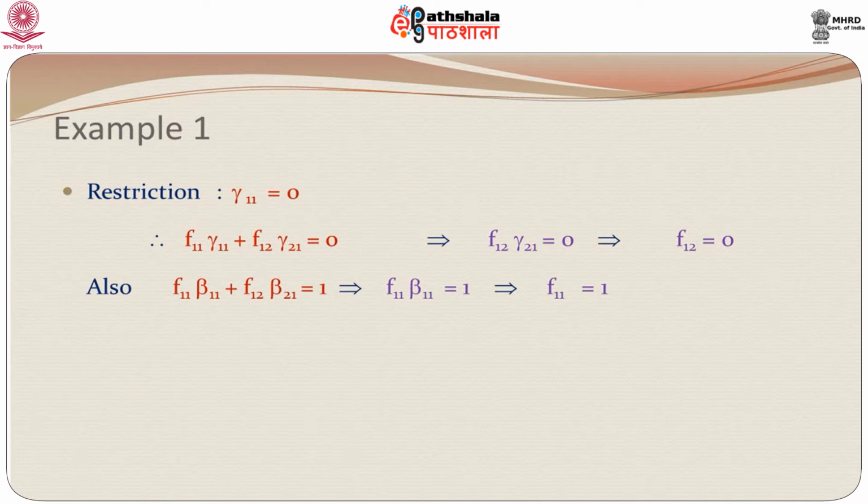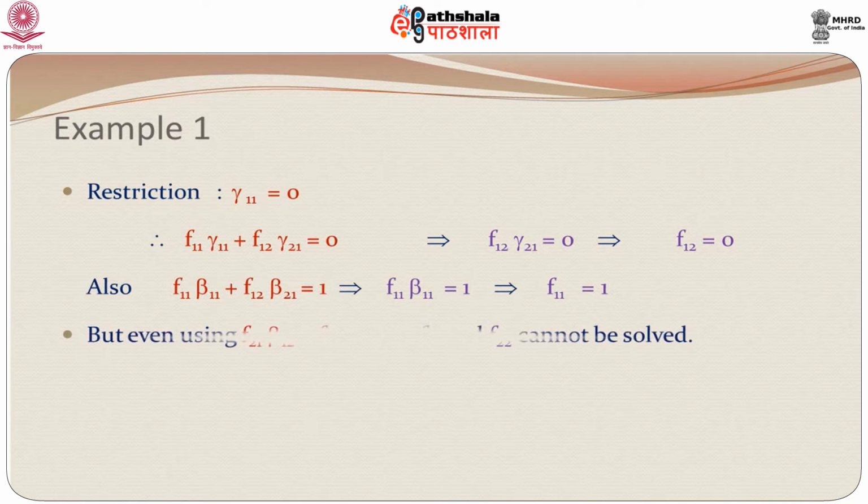Also, remember the condition we had from beta 1 1 equal to 1, the corresponding condition in FA was F11 beta 1 1 plus F12 beta 2 1 is equal to 1. And now, F12 equal to 0 really means that F11 beta 1 1 is equal to 1. But beta 1 1 equal to 1 means F11 is equal to 1.